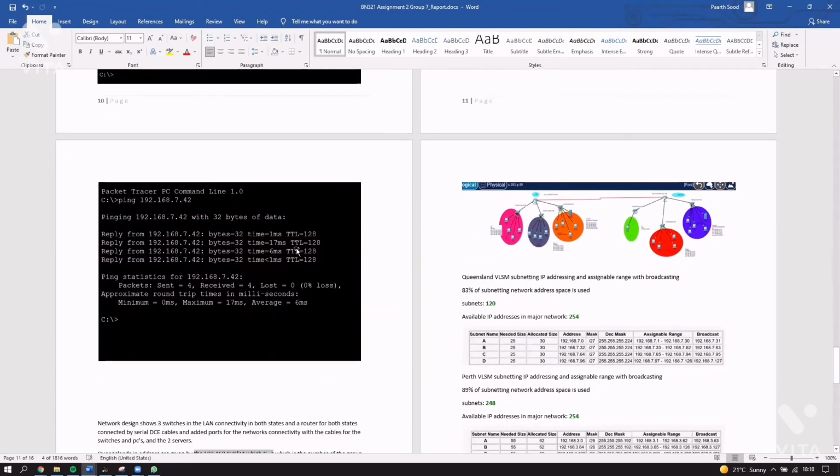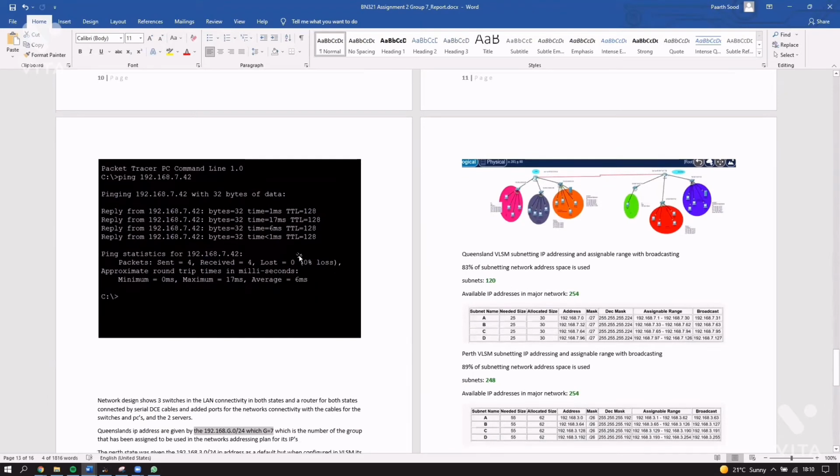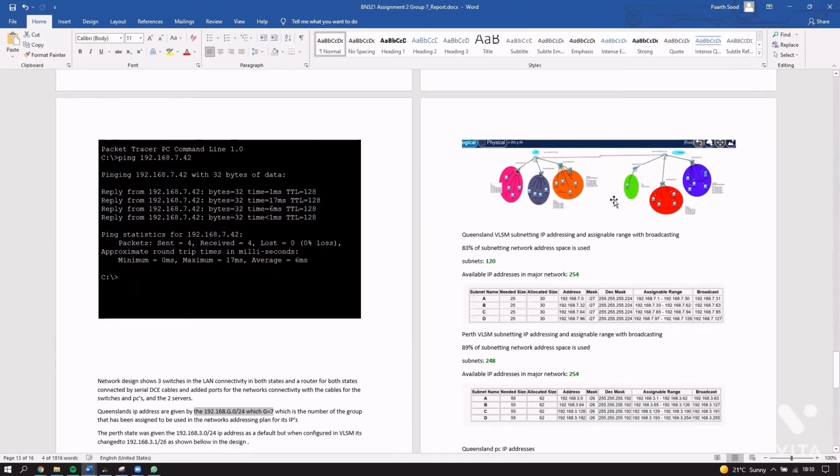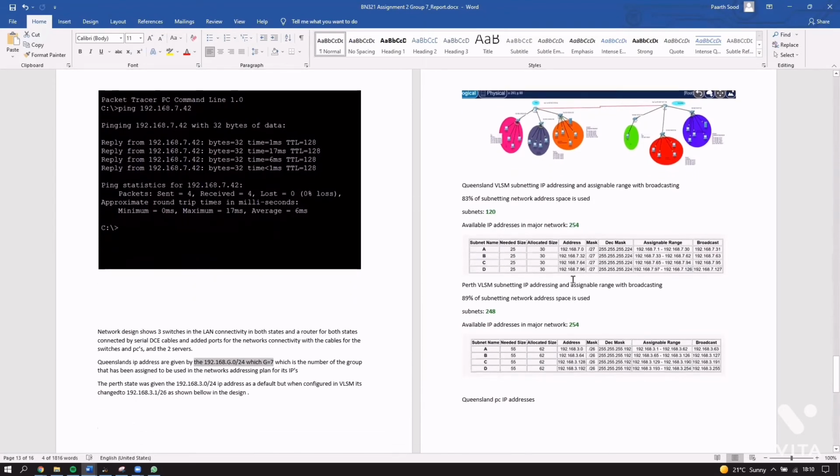If we go over to the actual design of the subnets and how I did the table for the addresses of the VLSM, Queensland had 25 hosts, so I gave it a block size of 30 to give it an extra amount, which gave me the mask of 27.